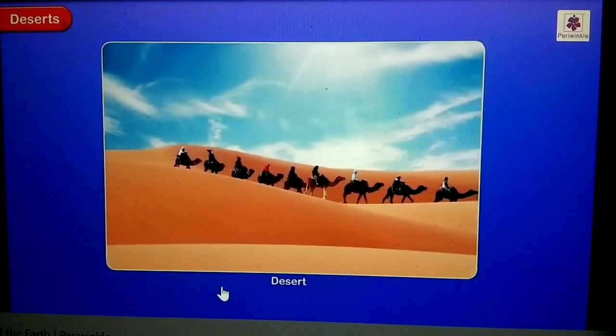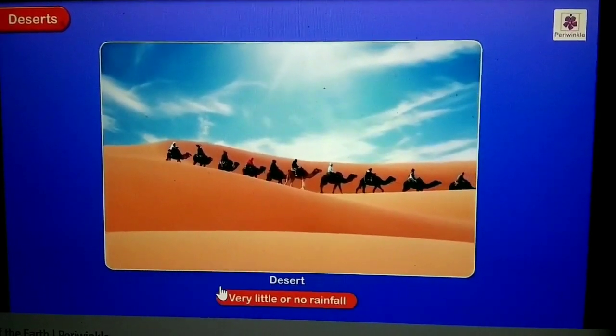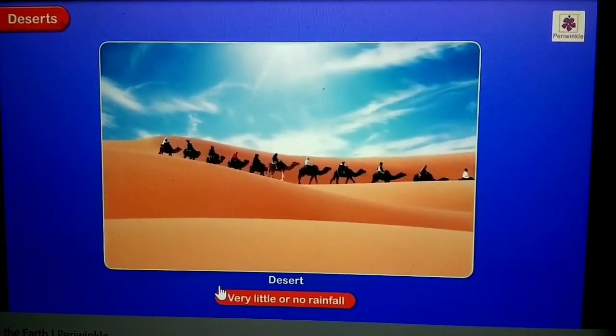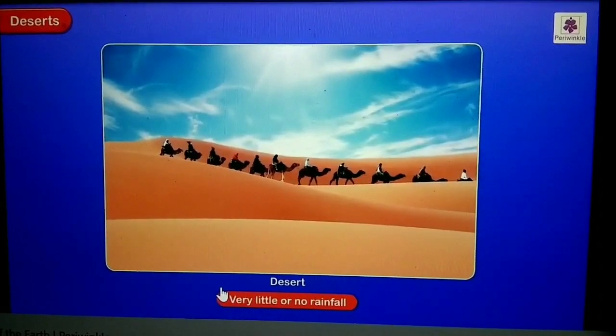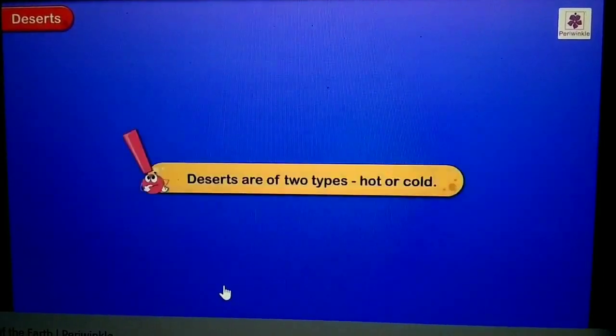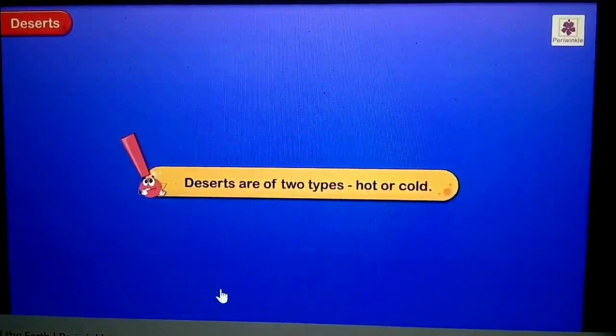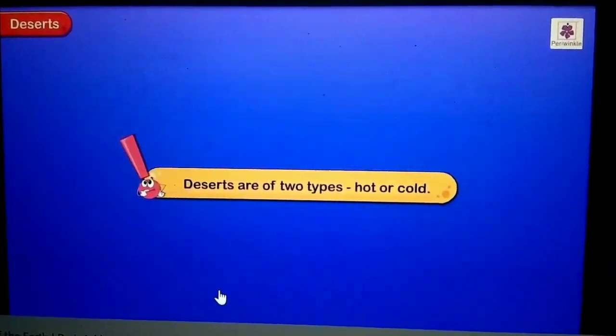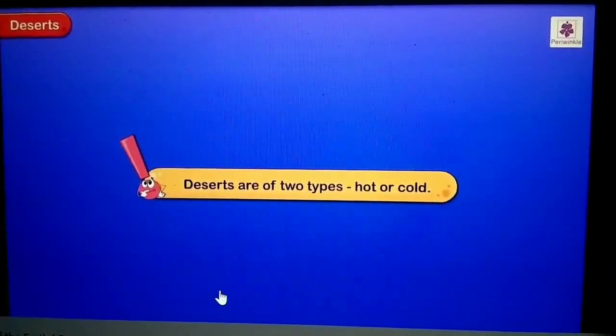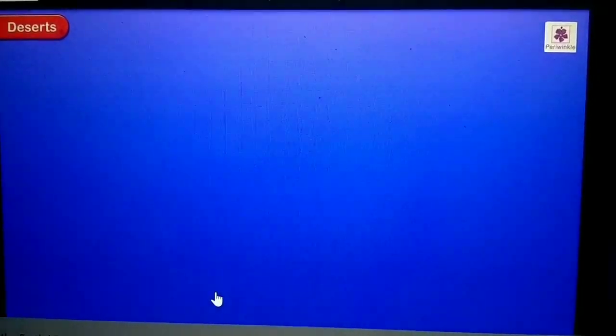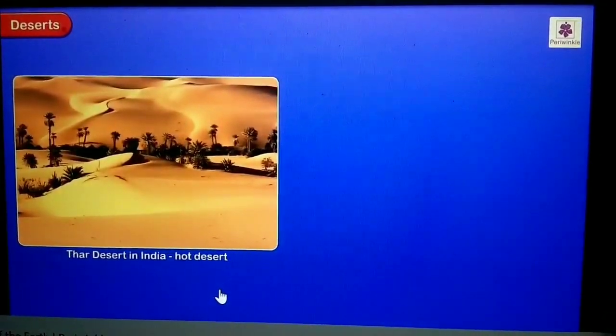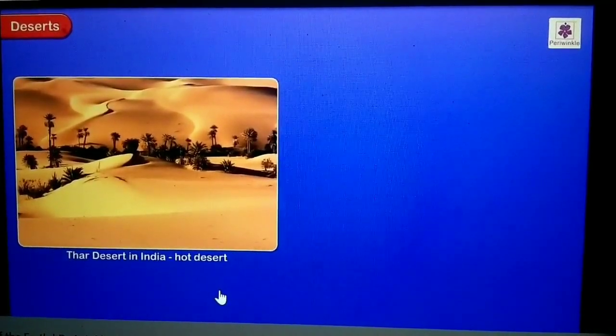These are wide areas that get very little or no rainfall. Deserts are of two types, hot or cold. The Thar Desert in India is a hot desert.